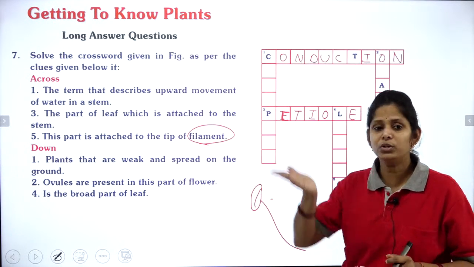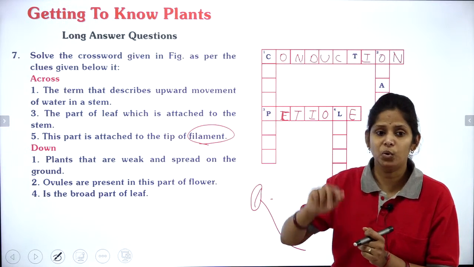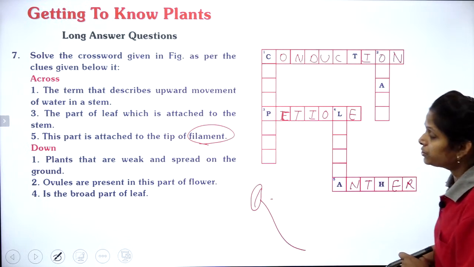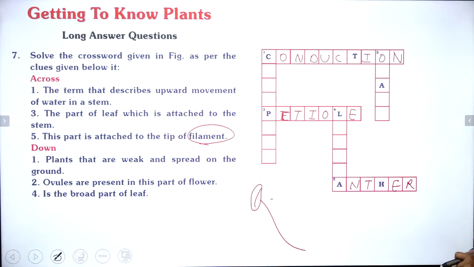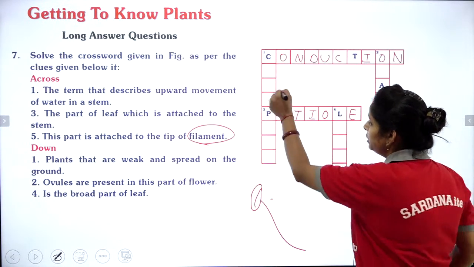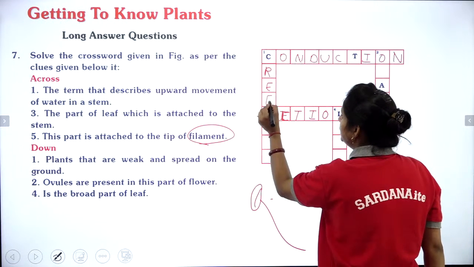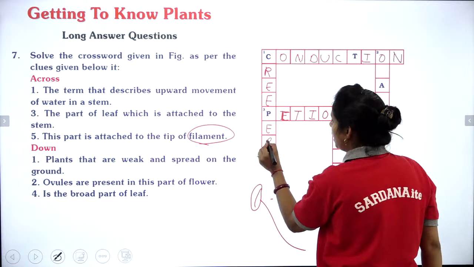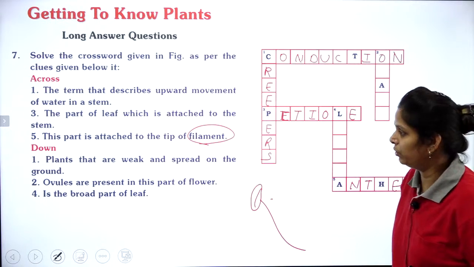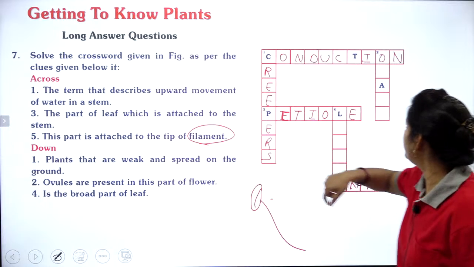Okay, and climb also, but with the support of any base or pole or a wall. So these are called creepers. Up to down, first point is there now. So first number up to down, here you have to write down C-R-E-E-P-E-R-S, creepers.